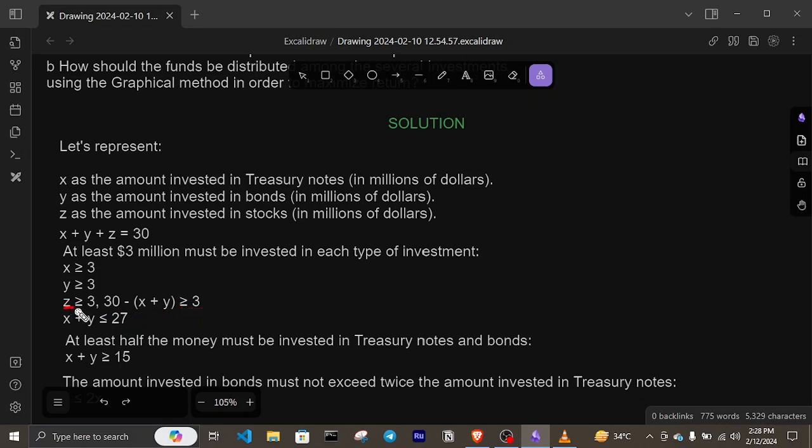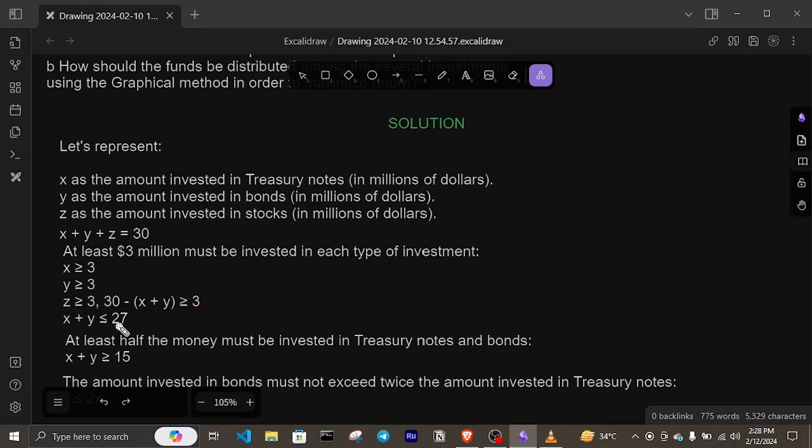That is how we represent the Z variable. And then when I simplify this equation, I get X plus Y less than or equal to 27. There is a change in the inequality sign because of the negative sign. You have to multiply both sides by -1, which changes the sign.